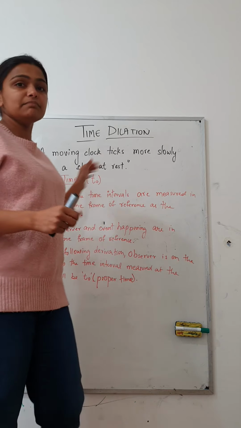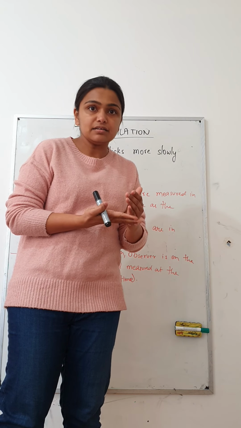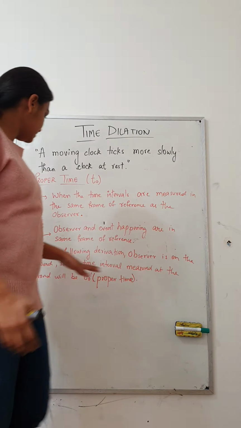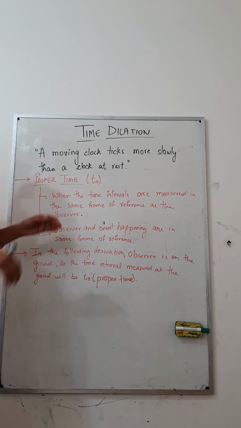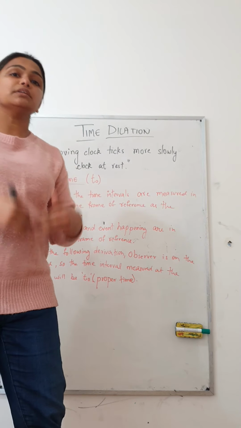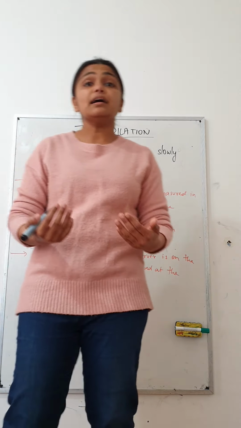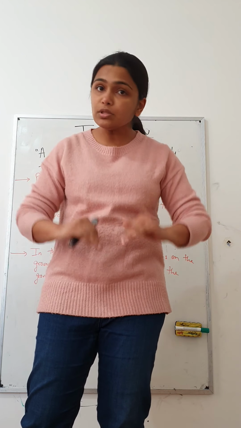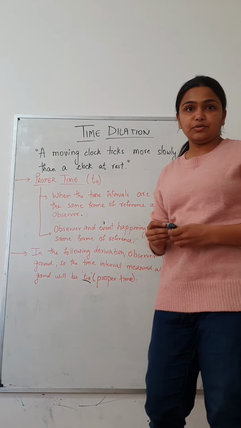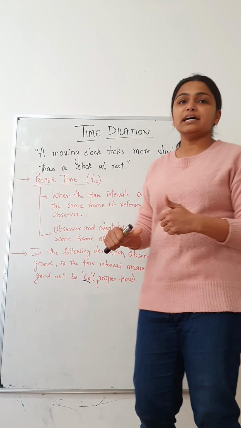In the derivation I will show in this video, the observer is on the ground, and therefore the time measured on the ground will be denoted as T0. So let's now dive into the derivation.